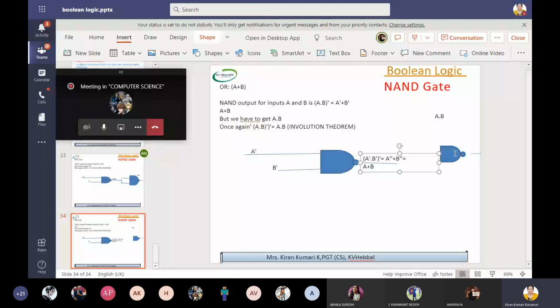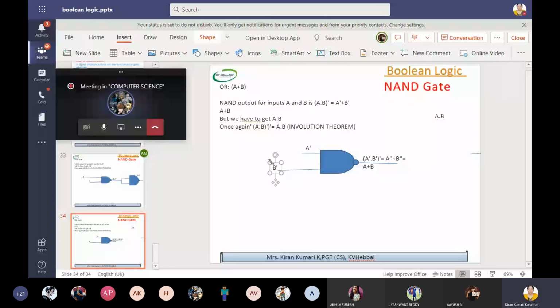Yes, ma'am. Yeah, for this what we should do, no? Ma'am, A dash and B dash are fixed, ma'am. Input. So here actually हमारे पास ये भी is the input, right? A dash B dash हमारे पास है ही नहीं. So पहले हमको इधर A dash देना है, तो पहले ये को क्या करना है, A dash बनाना है ना. So ये हमारे पास है, तो A dash बनाना आता है कि नहीं, NOT gate use करके? Yes, ma'am. आता है ना.